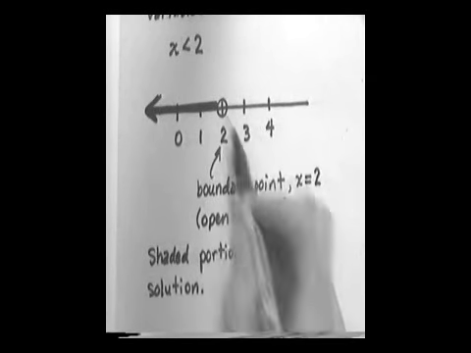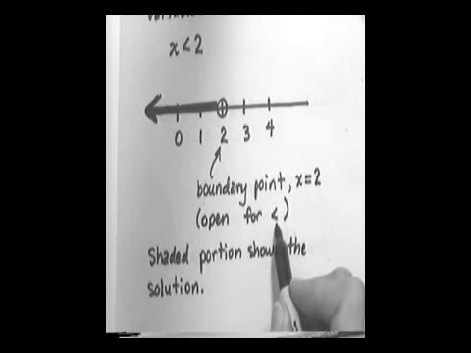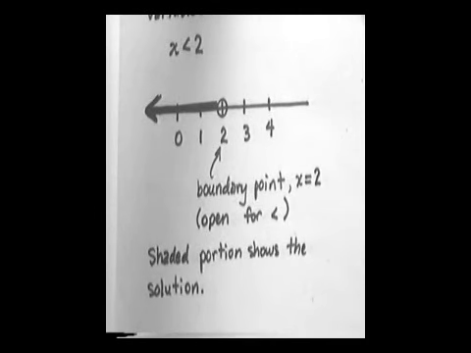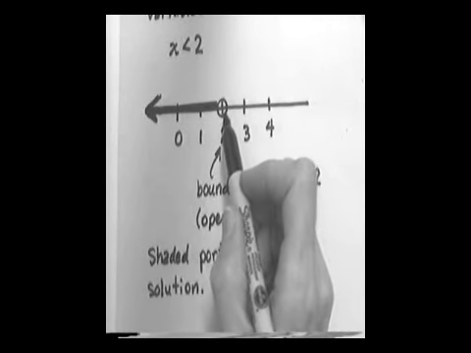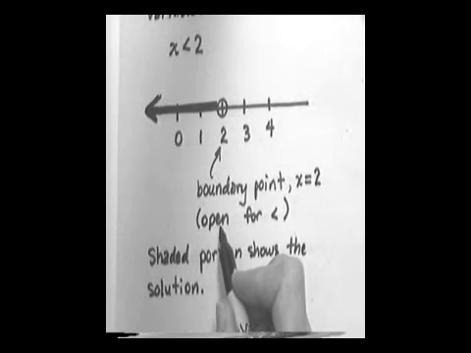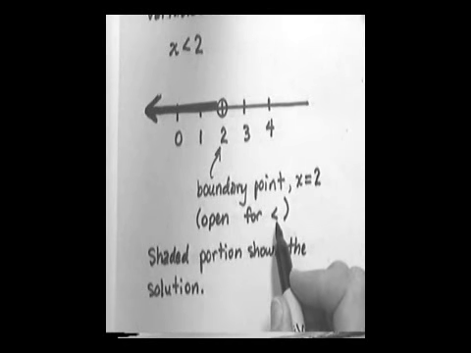The boundary point is shown open because less than does not include the 2. And the shaded portion shows the solution. Remember that if we had had x is less than or equal to 2, we would fill in the dot. It would be closed, filled in, for less than or equal.